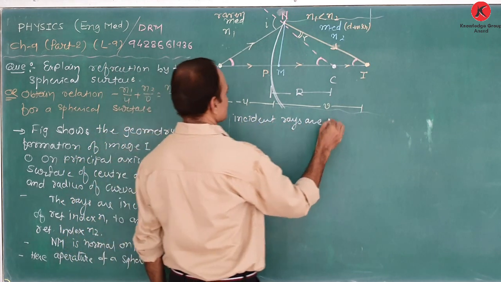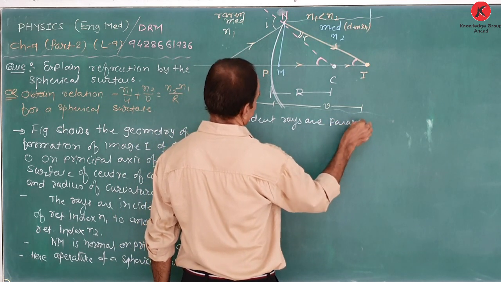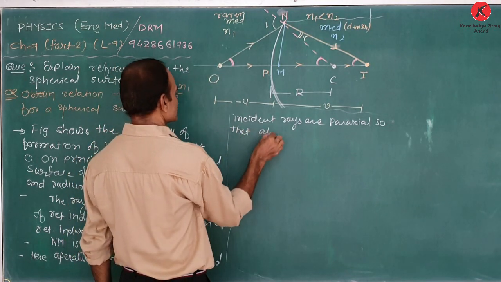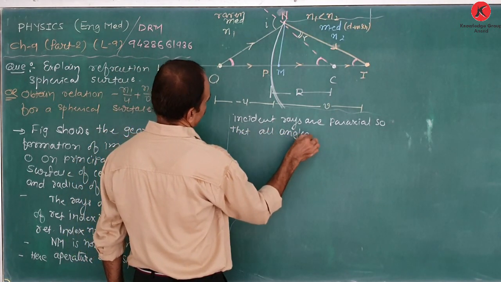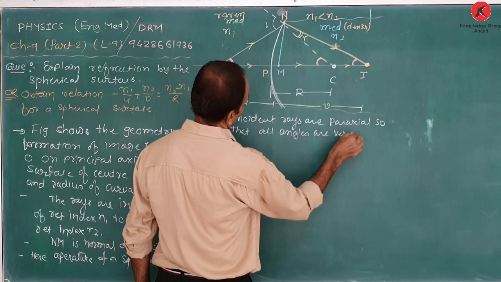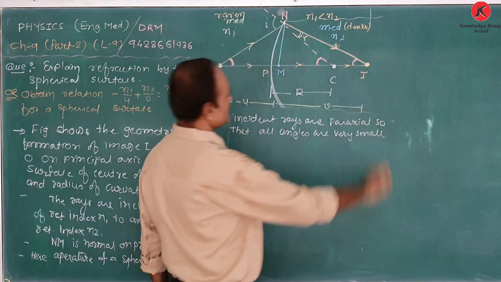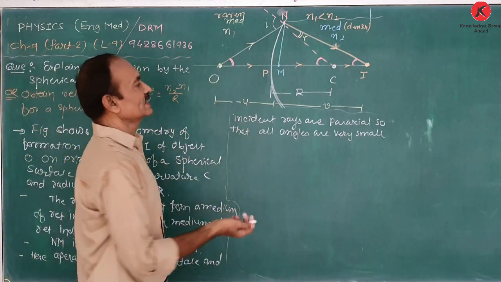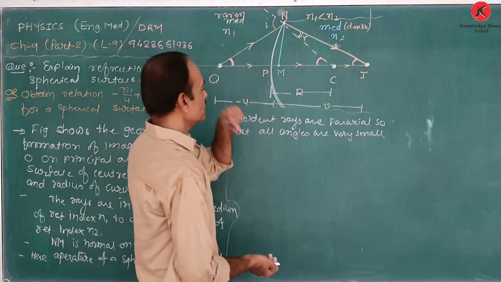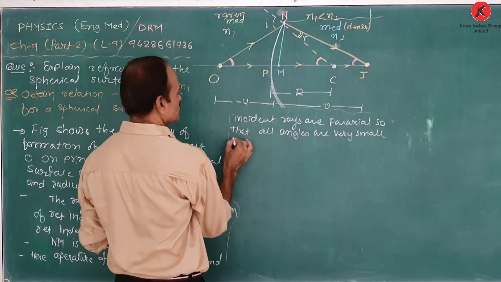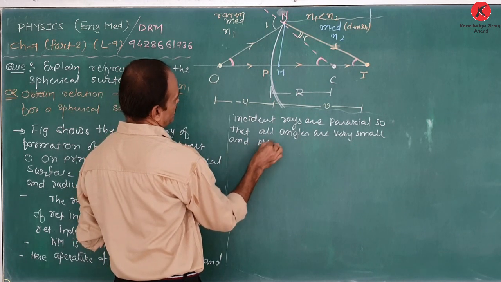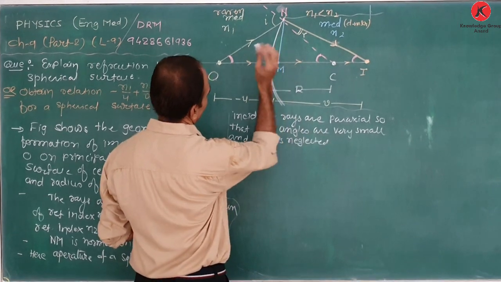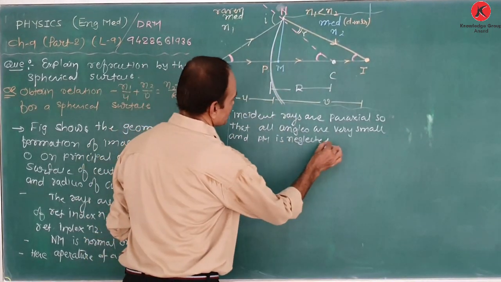After that, we consider one triangle. The angles are small, and PM is neglected. This distance is very, very small, so we neglect it.